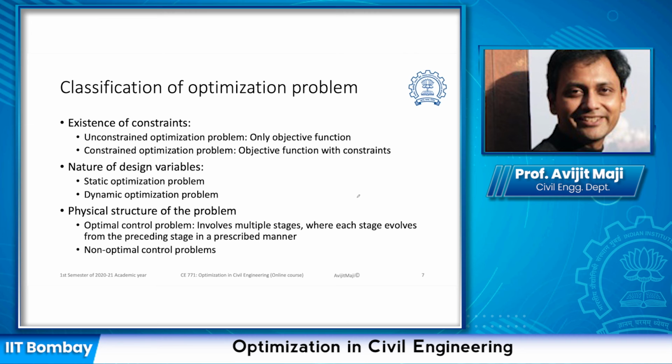For example, if we want to design a dam where the catchment area or the place where we want to construct the dam could be location specific, and if we consider the location as one of the input conditions for the design variable, then the overall optimization problem can be a dynamic optimization, because the solution or the problem is going to change from one location to another.